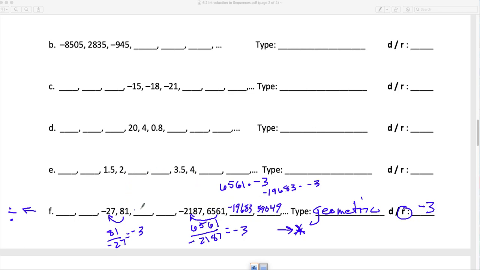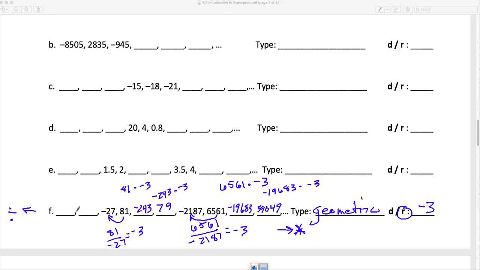Okay, so to get to here, I'm going to do 81 times negative 3, and that's going to give me negative 243. And this one is going to be negative 243 times negative 3. This one's going to be positive this time, and it is 729. So we multiplied going forward.